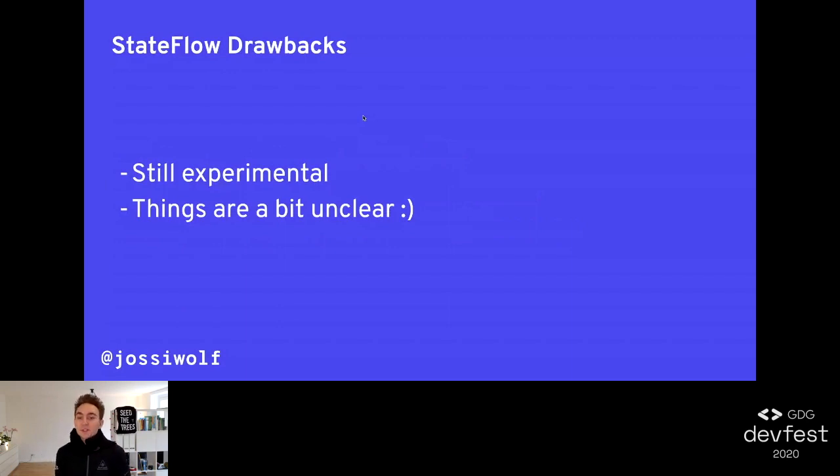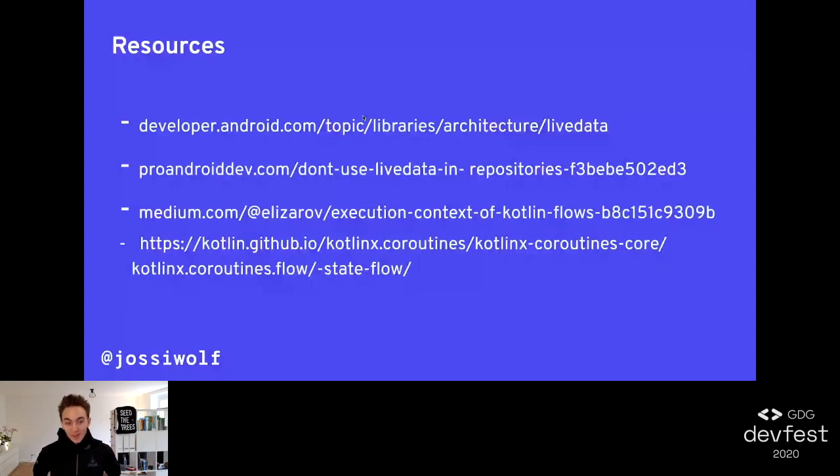So the resources are obviously the documentation on LiveData. If you find yourself in a code base with lots of LiveData, it does make sense to fully read this. Surprise. And then I did write a blog post about why you shouldn't use LiveData in repositories. And there's a post about execution context in Kotlin flows from Roman Elizarov.